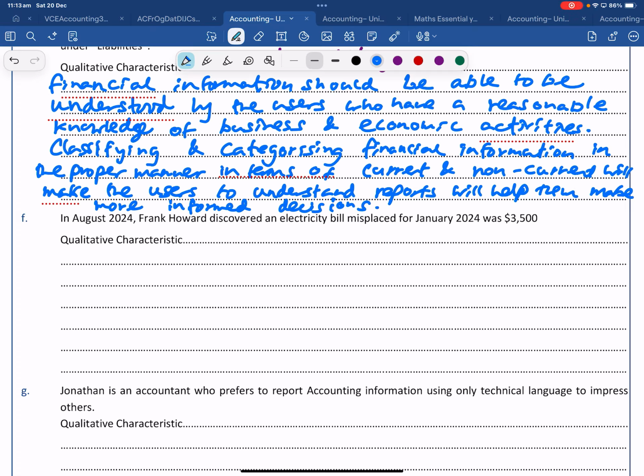Part F. Yeah, I'm not sure. What do you think? You have to take a guess. Verifiability. Verifiability again. Okay, both of you are wrong.